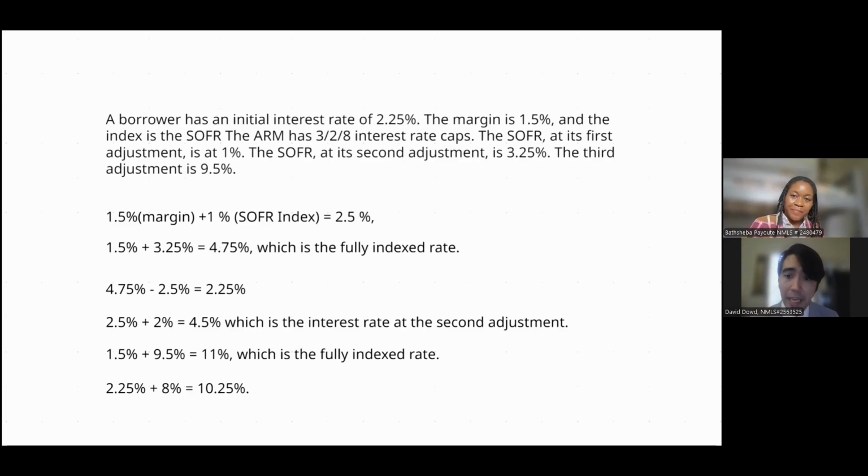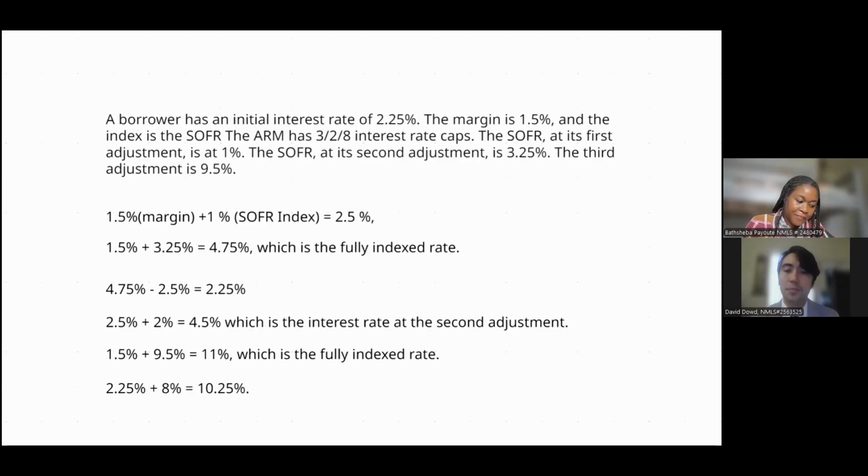So we determined, hey, the interest rate cap for the entire life of the loan is 10.25%. Great. On our third adjustment, the new fully indexed rate is 11%, as we determined a little bit ago. This is over the cap limit, right? 11%, sorry, is greater than 10.25. But remember, this also exceeds the subsequent adjustment cap of 2%.